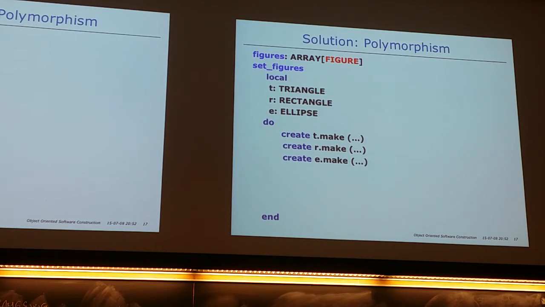So in this case, you can see triangle, rectangle, and ellipse. These are the base types for these three variables. If the base type is a descendant class of the figure, then you will be able to store it in that array. That's really the rule.